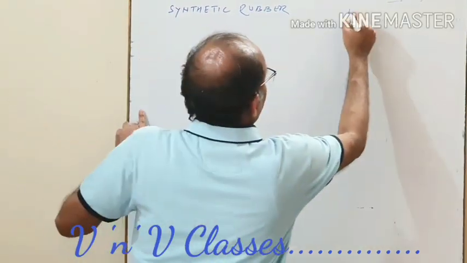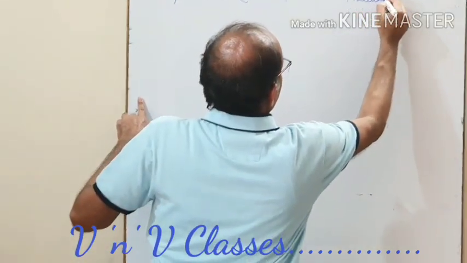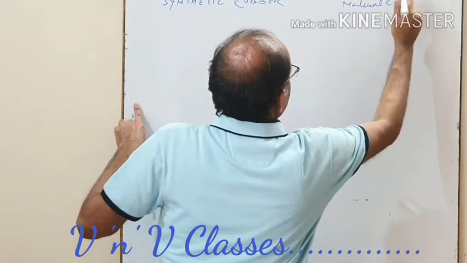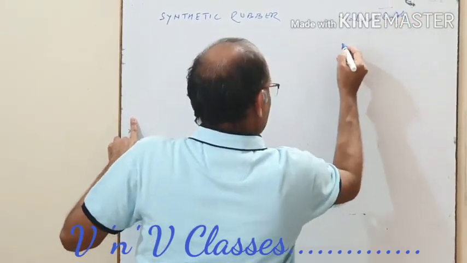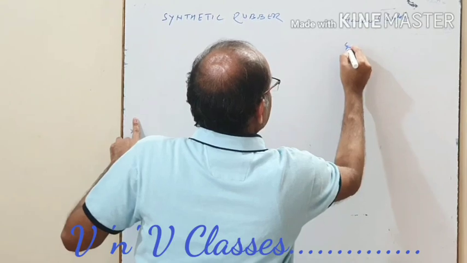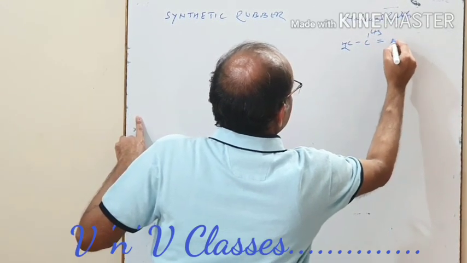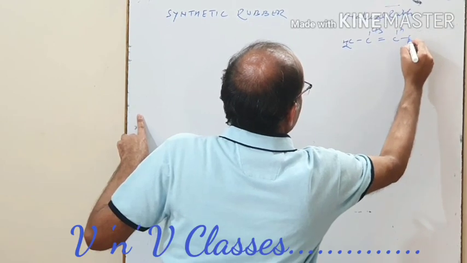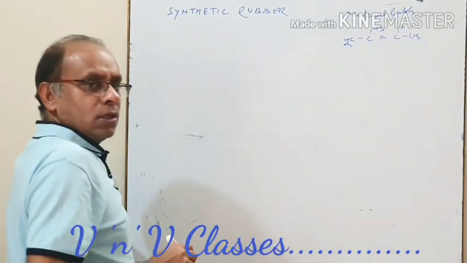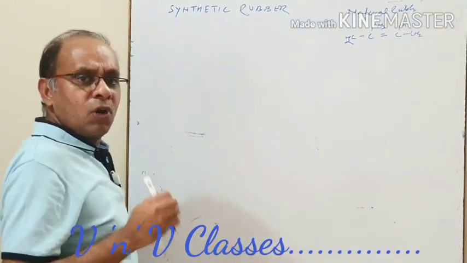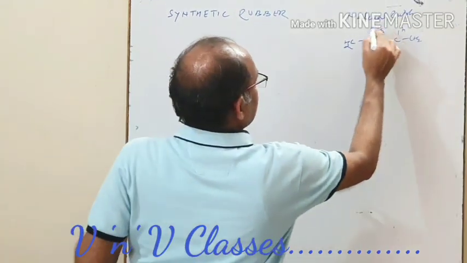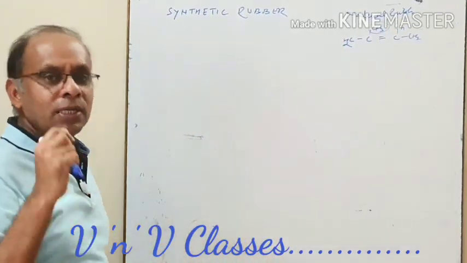भैया एक रबर का स्ट्रक्चर तो नेचुरल रबर से मिलता जुलता है. This is natural rubber; we just talked about it. You just observe natural rubber. This is CH2, this is C, this is CH3, this is the double bond, this is H, and this is CH2. Now in this synthetic rubber, what do we find? In place of CH3, we get chlorine.